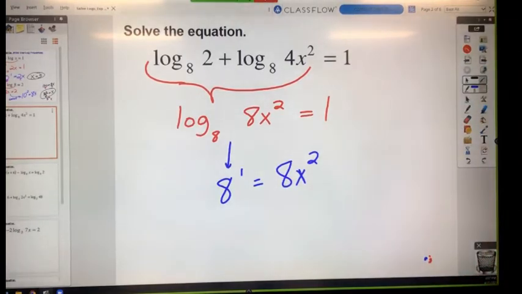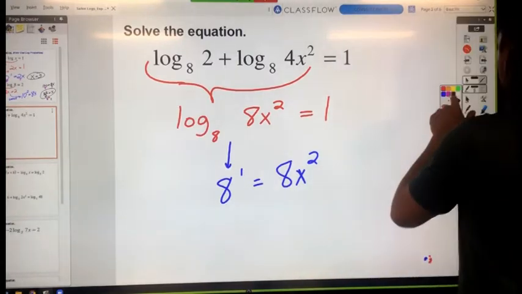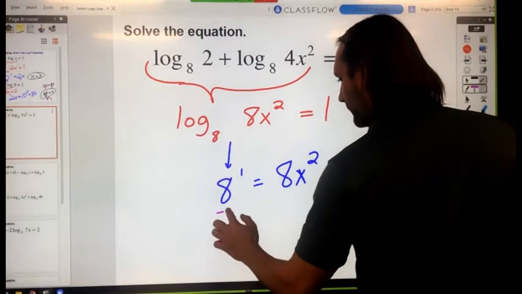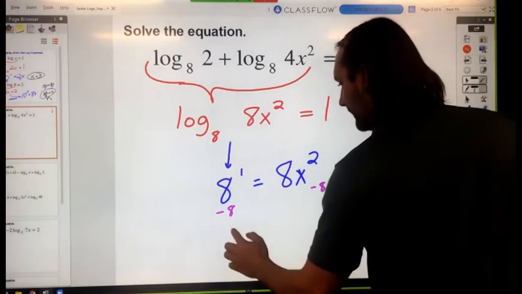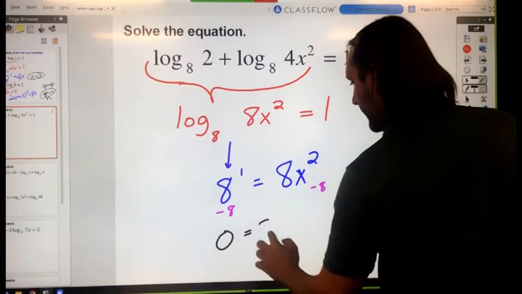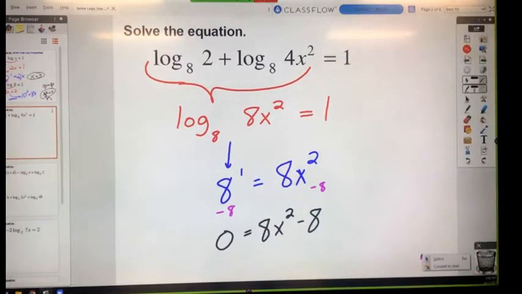How do we solve quadratics? I could factor, but let's just stick with the usual routine, which is set equal to 0. So let me move this 8 over. That's going to give me 0 equals 8x squared minus 8. There's my quadratic, set equal to 0.